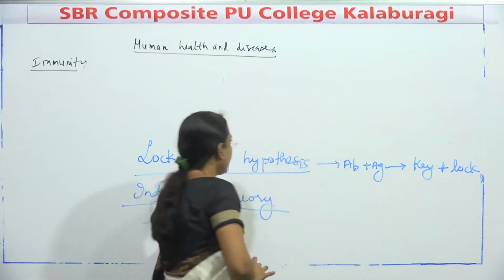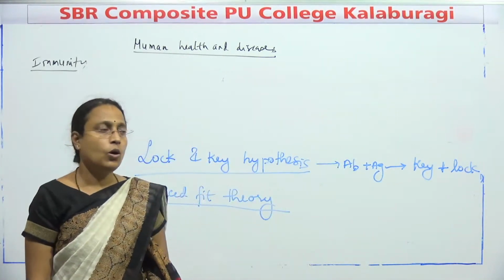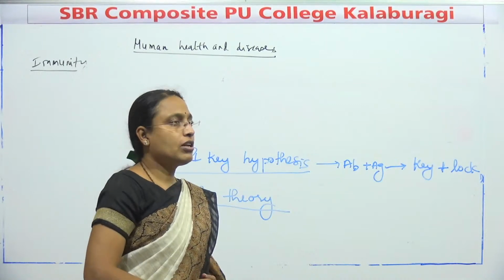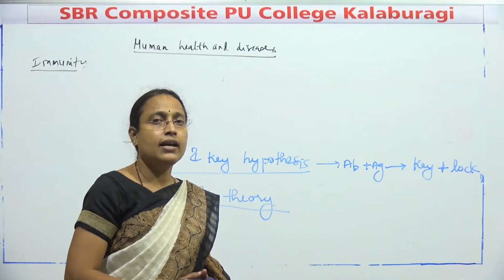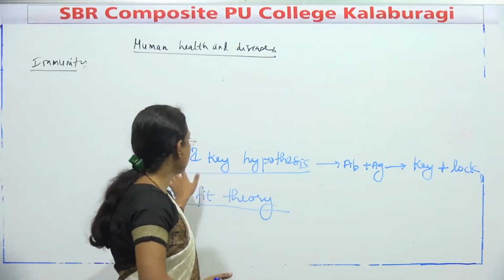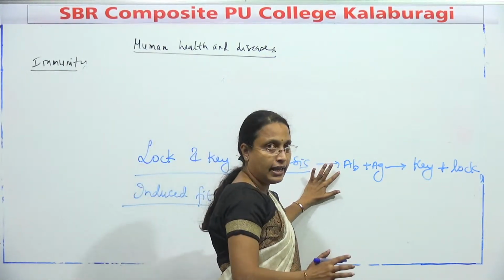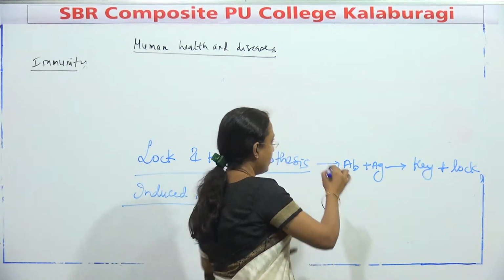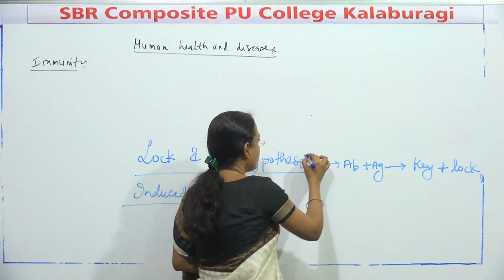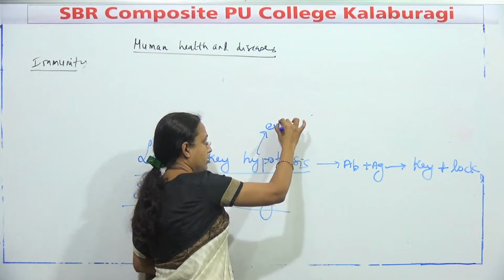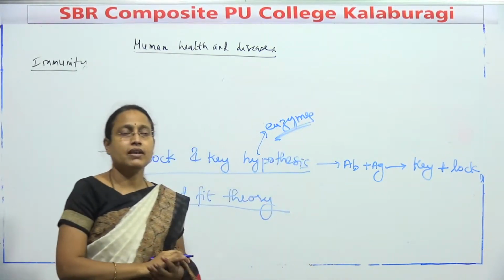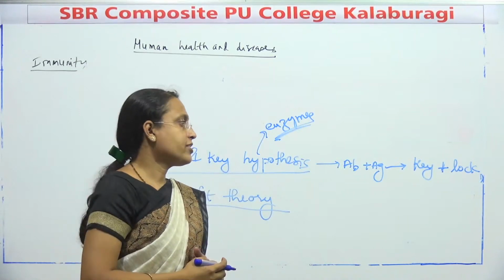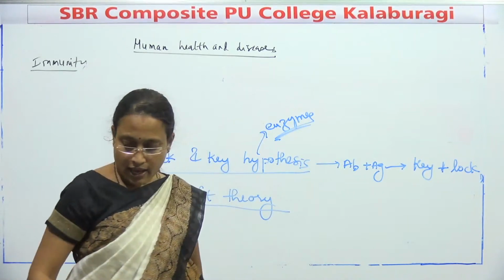That's why it is called the lock and key hypothesis. It means that structurally there is complementarity between an antigen and an antibody. That itself is explained in lock and key. That means rigidity is there. This is also applicable to enzymes, when enzymes interact by this lock and key hypothesis.